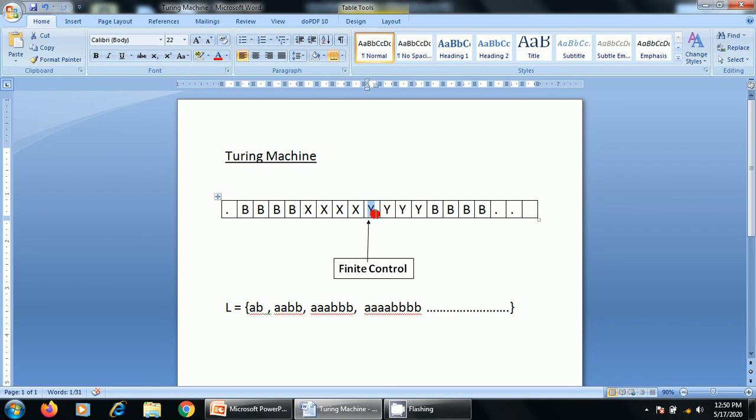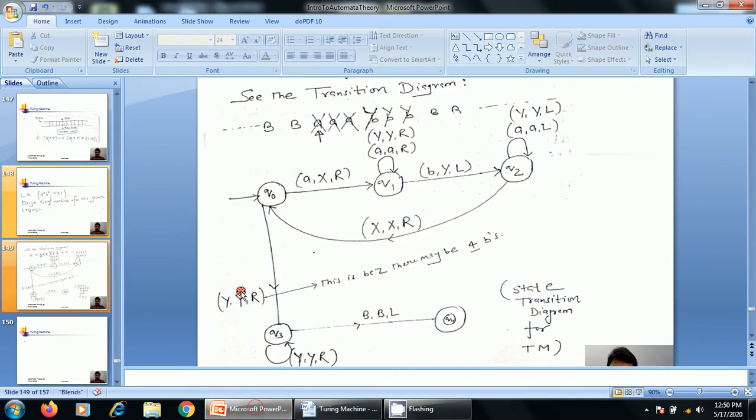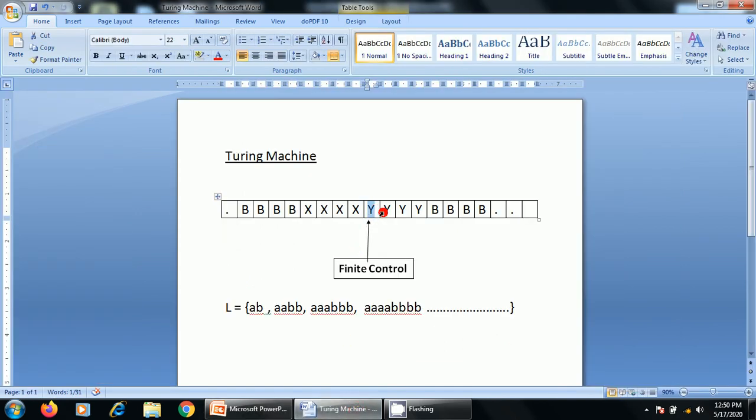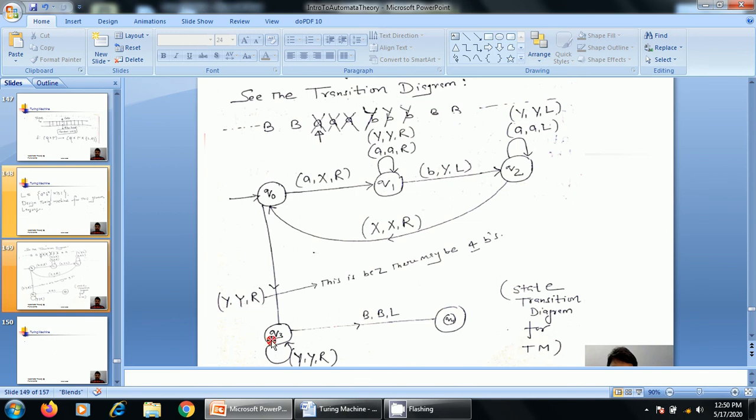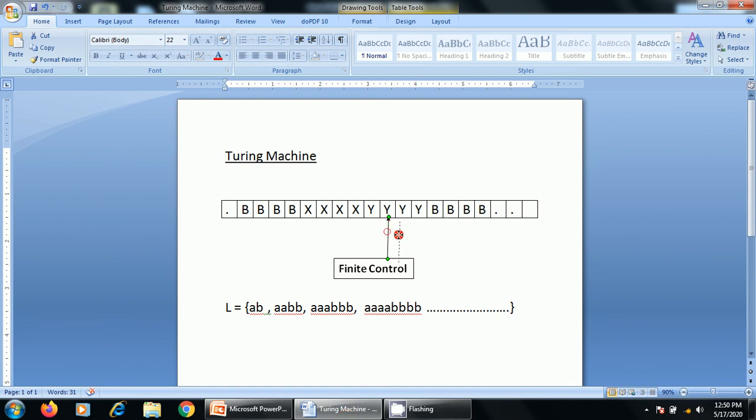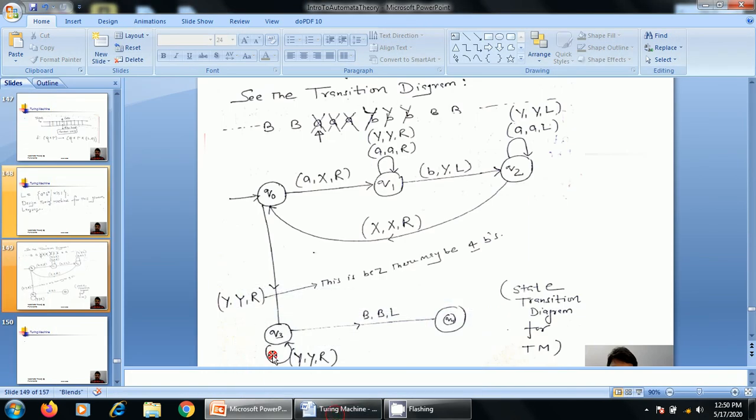Then what we have to do is, if there is Y, keep it Y and move right, to ensure that all B is also finished. Now we are at state q3. If Y, keep it Y and move right, and this is a loop.